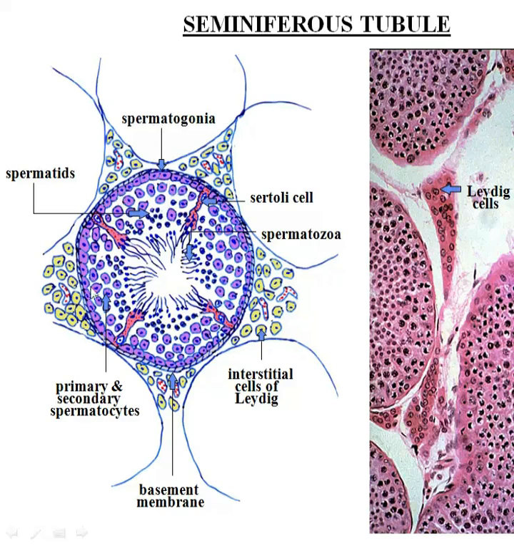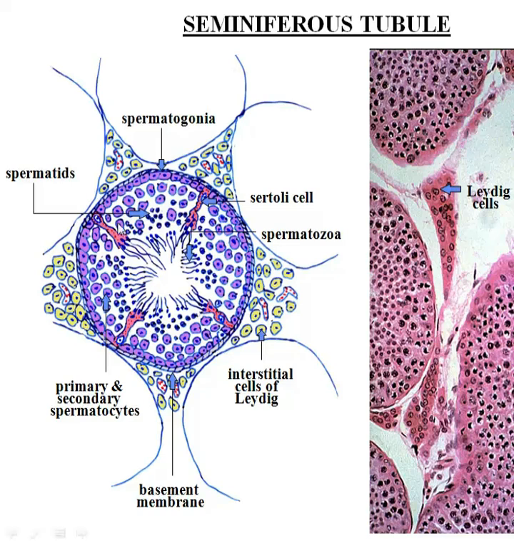These spermatogonia are the precursors of sperm. After meiosis, the spermatogonia develop and form sperm. So this spermatogonial layer over the basement membrane is the actual site of synthesis of sperm.